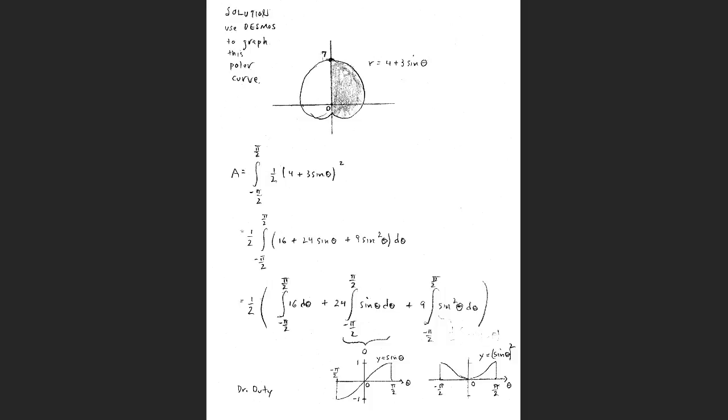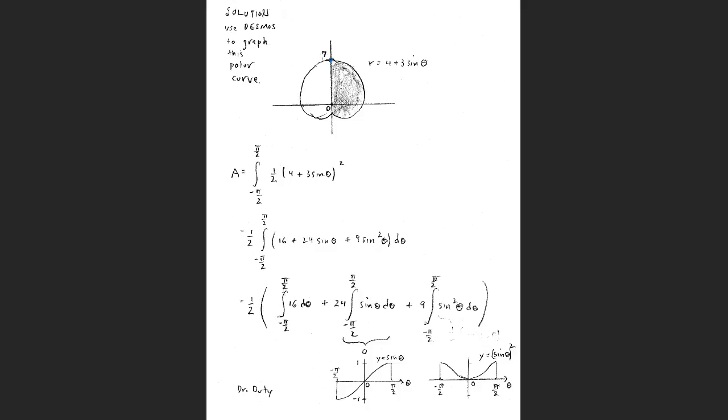That makes sense because the largest value of the sine of theta is 1, so it makes sense that 7 would be the high point.